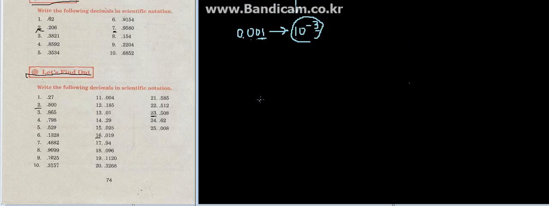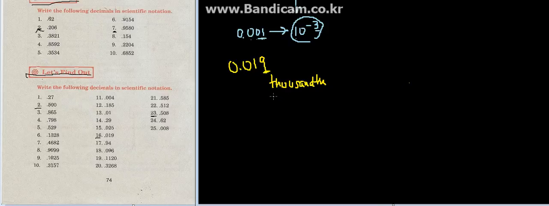Now let's move to number 16. We have 0.0119. So what's the last digit? It's the 9 here, and the place value of the 9 here is the thousands. Okay, the thousands.